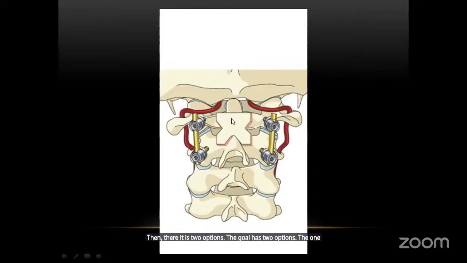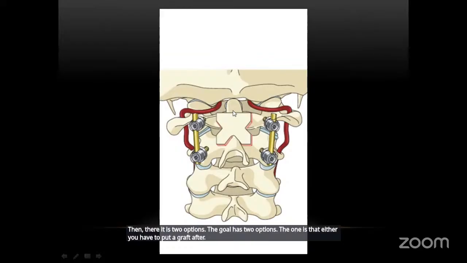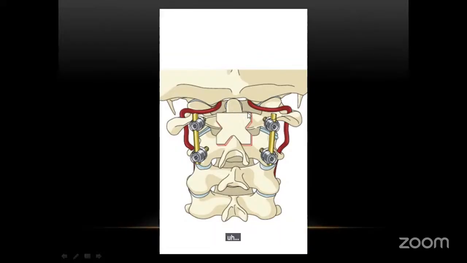One is that you put a graft after the spinous process and lamina are removed. This is the graft that has been put in. This is one option.